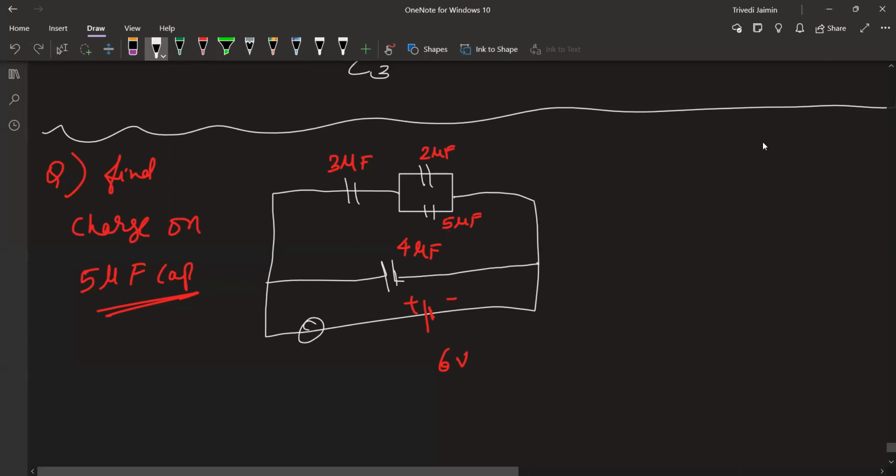We don't want total charge. We want across 5. Then what will we do? Don't know, sir. Okay, go step by step. First get C equivalent. Now see, the voltage across this one is the same because it's in parallel. So here also 6. So let us remove this part.